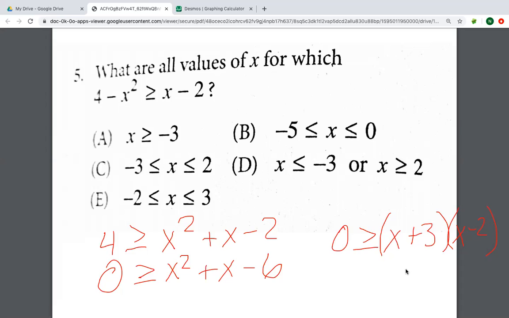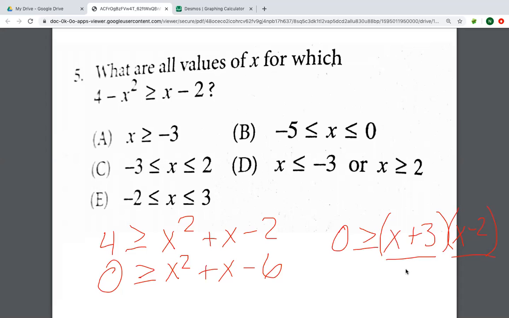I have something times something else equal to 0, what do you know to be true? One of the numbers being multiplied has to be 0. Exactly, Andrew. So one of these two terms has to be equal to 0.